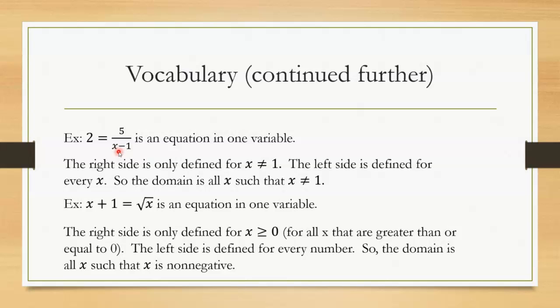Right? Because again, you never divide by 0. So the domain of the variable for this equation is all numbers except 1. Or you can write it this way. This is another way to write it mathematically. It's all x such that x is not equal to 1. I mean, the left-hand side, there's no restriction, which is nice.